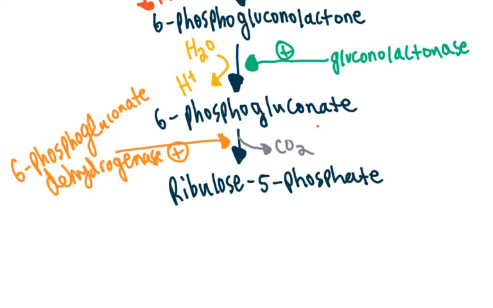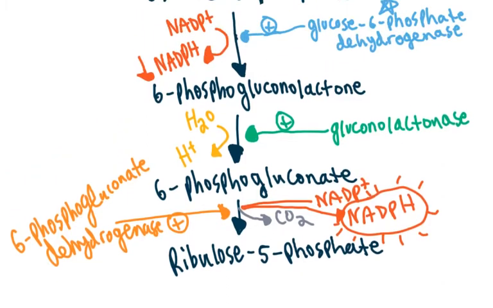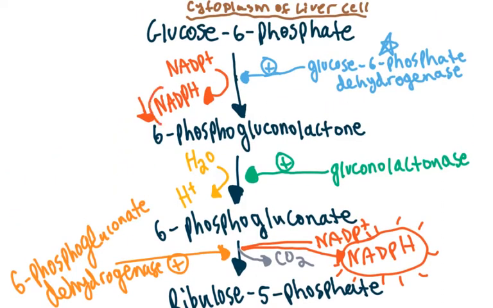We have an NADP positive that gets reduced and turns into NADPH. Remember, this was one of the main purposes of the pentose phosphate pathway. So we made NADPH here too.